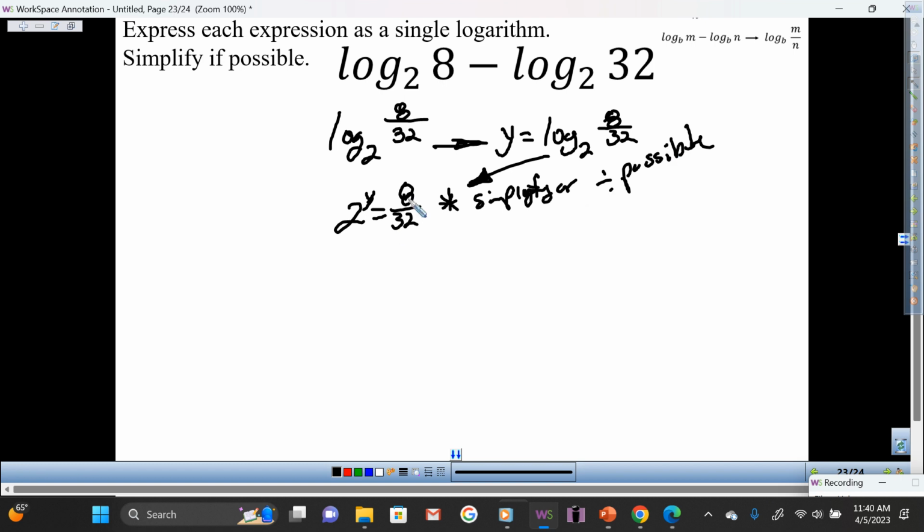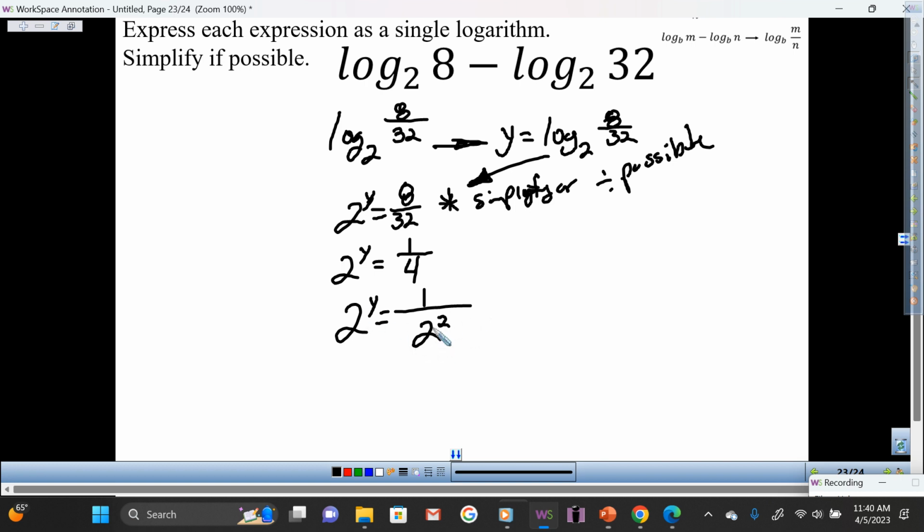Can we simplify this to lowest terms? Yes, Mr. Q. What is 8 over 32? 1/4, yes, that is correct. Next, 2 to the y equals 1 over 2 to the what? Very good. 2 to the second.